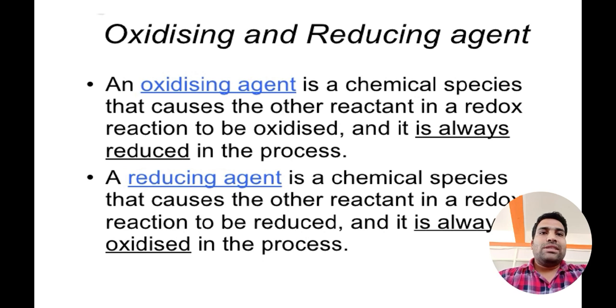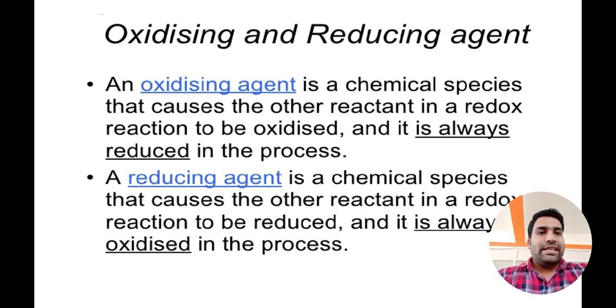Next we have one more, that is oxidizing agent and reducing agent. An oxidizing agent is a chemical species that causes the other reactant in a redox reaction to be oxidized, and it is always reduced in the process.